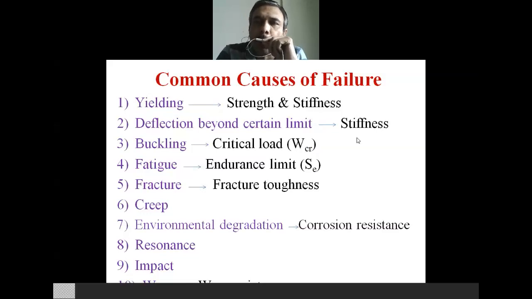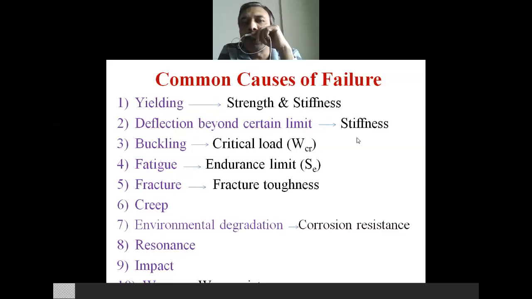So either using Euler's equation or Johnson's equation, you have the criteria and the end fixity coefficient, and as per that you decide which equation you will use, either Euler's or Johnson's, and then you find the critical load. Obviously your applied load should not be greater than the critical load, or your critical load should be greater than the applied load.